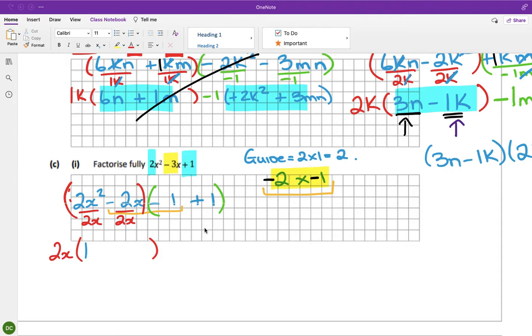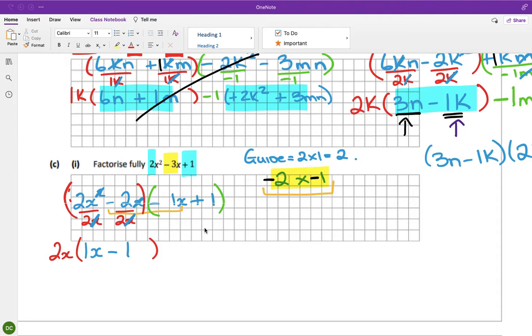This will cancel one of those. So you've got x minus 1 and the x's cancel. Okay, and then the green. Where did I lose my x? Oh, sorry, this is meant to have an x on it. I rubbed it out and it didn't go back in.